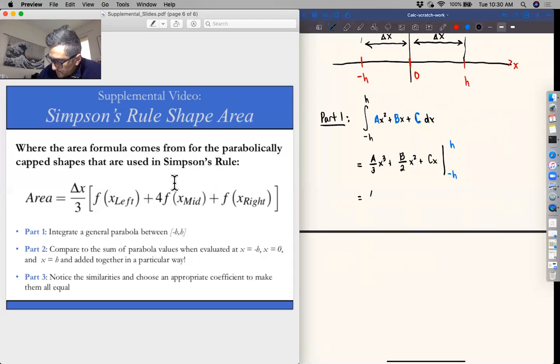So we'll have a over 3 times h cubed plus b over 2 times h squared plus c times h. And of course, that's only the upper bound. But next we get to evaluate the antiderivative at the lower bound as well. And we'll see that it looks very similar, but wherever we had an h, this is minus h now. So let's plug all that information in.